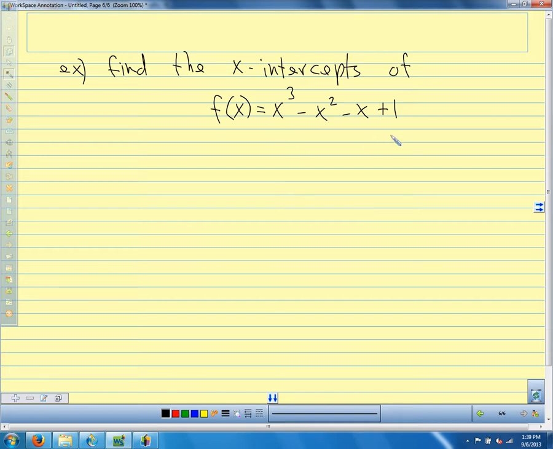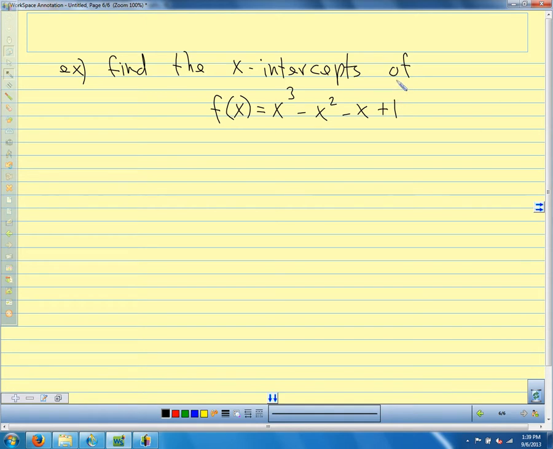Well, there is a formula for solving cubic equations. It's not particularly nice. It's not particularly easy to use. It's not extremely clear here what a solution is going to be, but it turns out we can factor this. This is a nice factor by grouping.